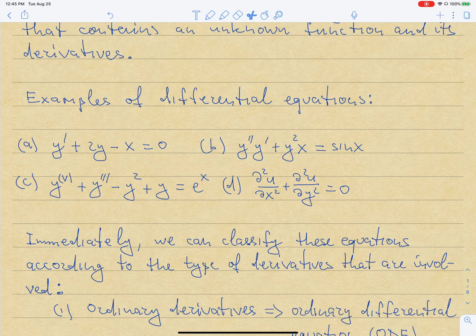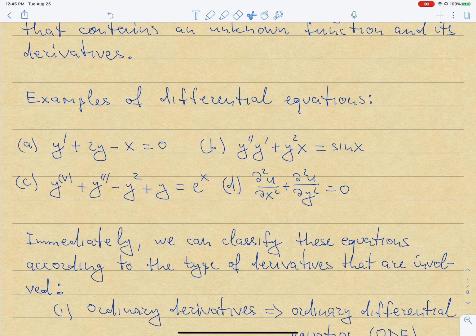Now, what does the order of a derivative have to do with anything? For one, clearly the higher the order of a derivative, the more complicated the equation is going to be, because solving an ODE, as I showed you in a couple of examples last time, will typically explicitly or implicitly involve integration.